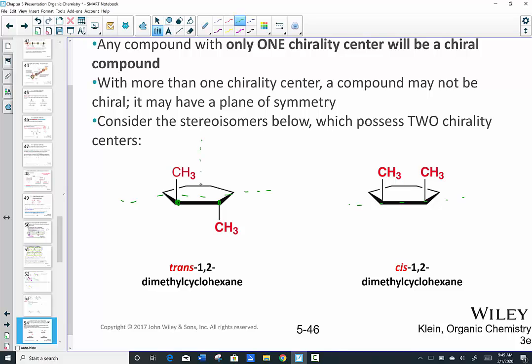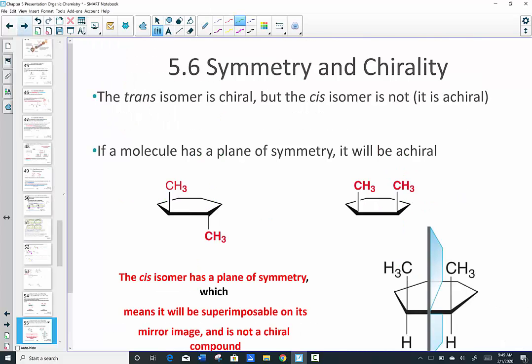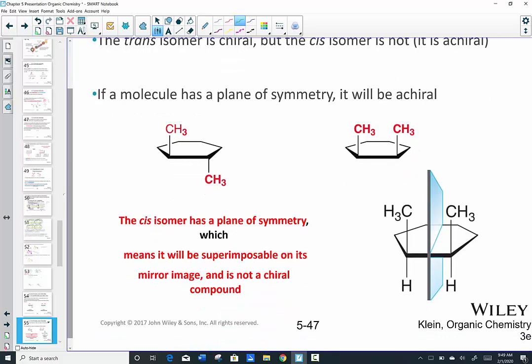Think about a plane of symmetry in this molecule. If I think of a plane of symmetry and kind of putting a mirror halfway through the molecule and asking the mirror to reflect upon itself, do you see with the cis configuration a complete plane of symmetry? The cis isomer has a mirror image within its own structure.